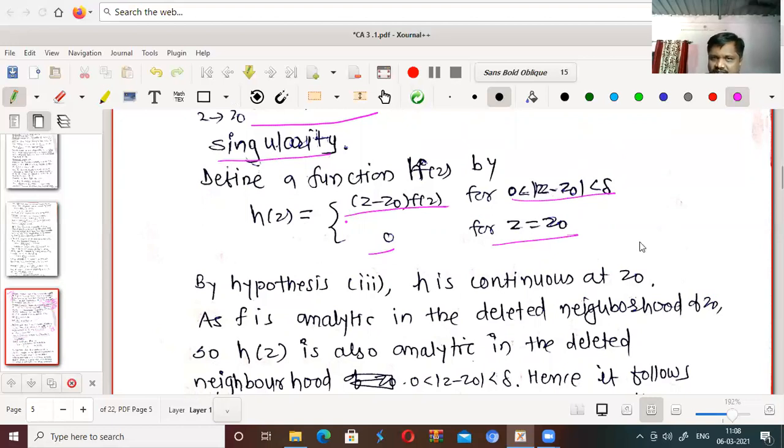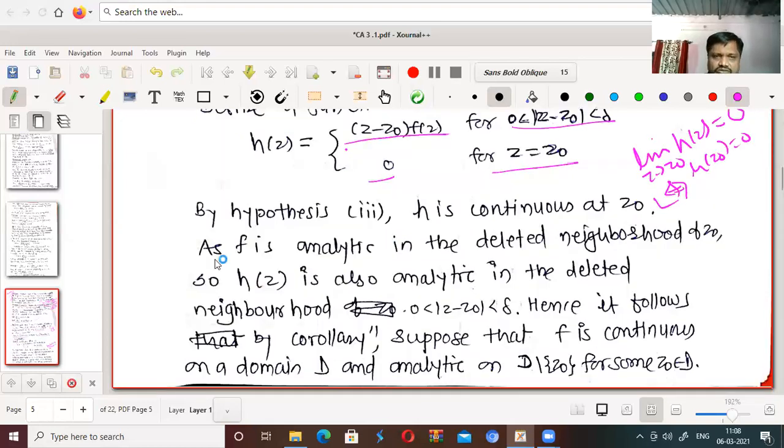So what we obtain here is that the limit as z tends to z0 of h of z is given to be equal to 0, and h of z0 equals 0. These two are equal. So we can say that h of z is continuous at z equal to z0.